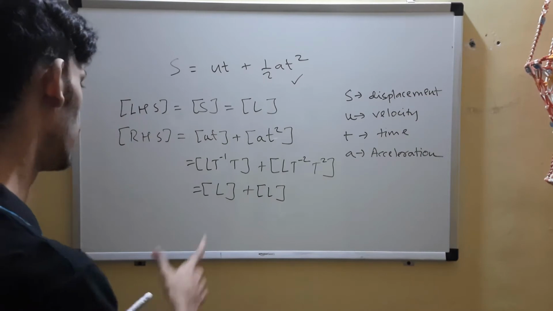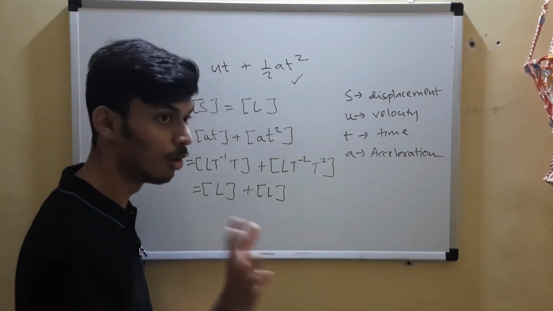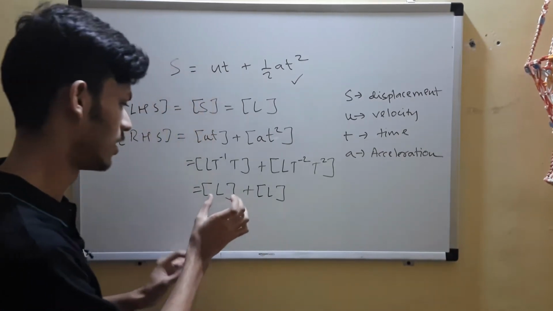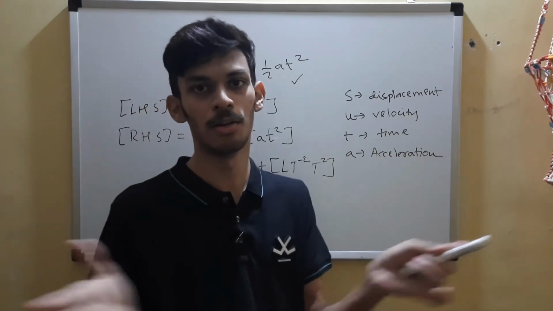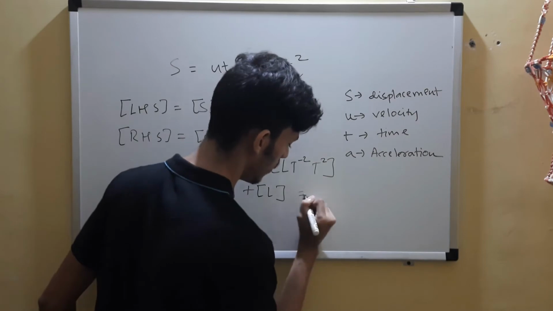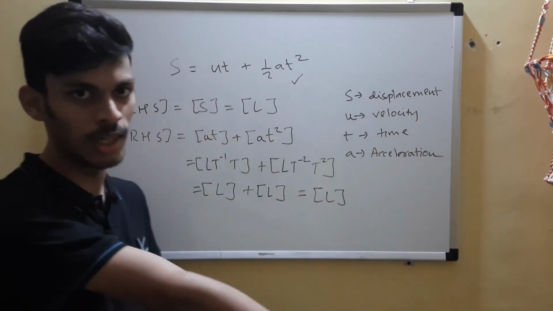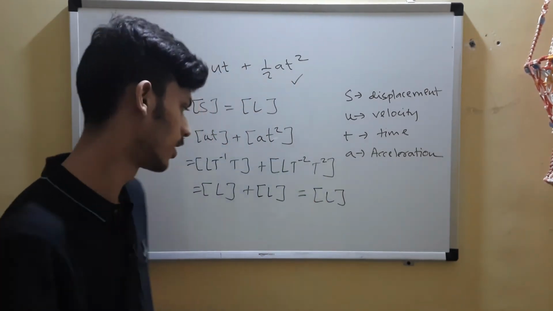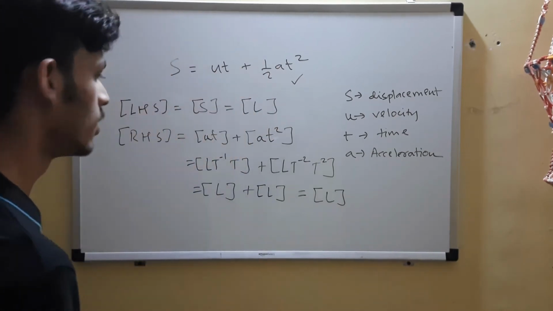Or if you wanted to look at it in this way: L plus L, 2L. No, L plus L means the dimensions, right? Length plus length. So when you add two lengths, the answer is a length. The answer will have the same dimensions as that of length. You can't add two lengths and get something in time. You can't have that. If you add lengths, you will get length. What you give is what you get.